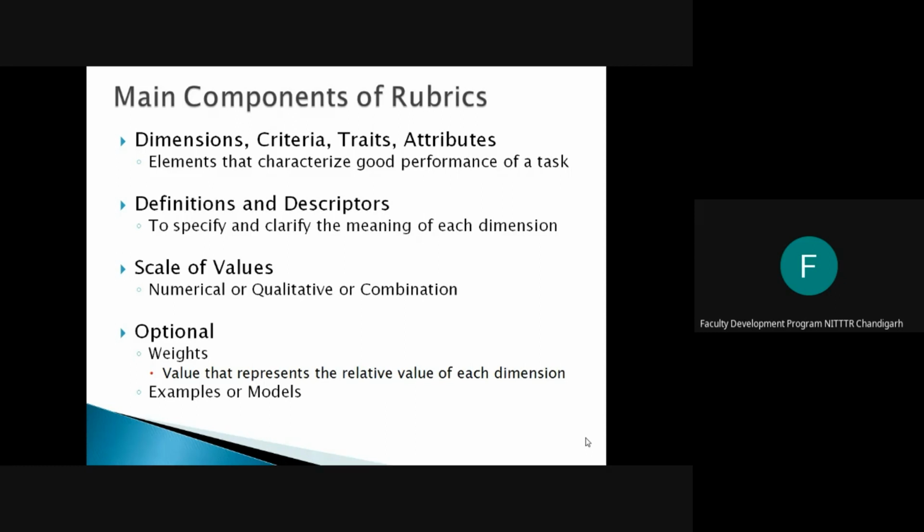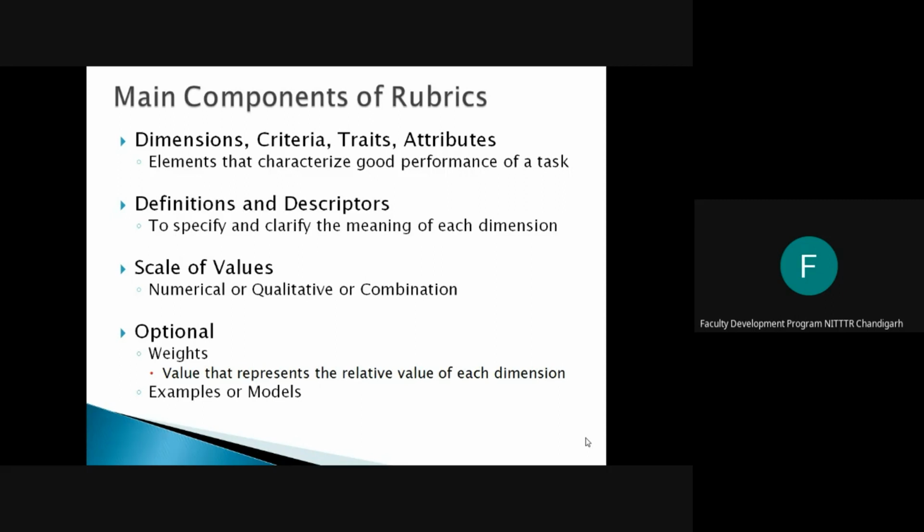What do you want? If you have selected the criteria, but you think that they are not of equal weightage, then you give separate weightage to these criteria. So that is optional.